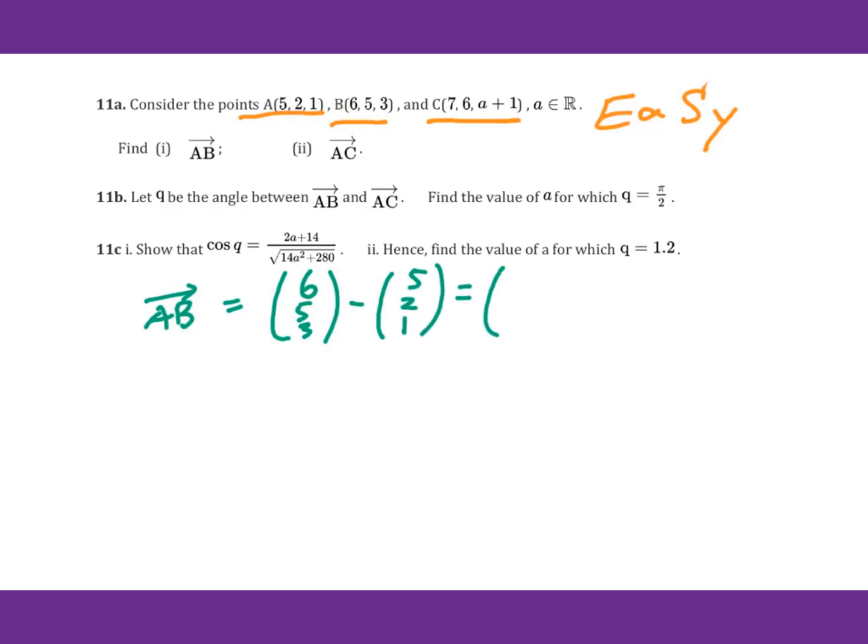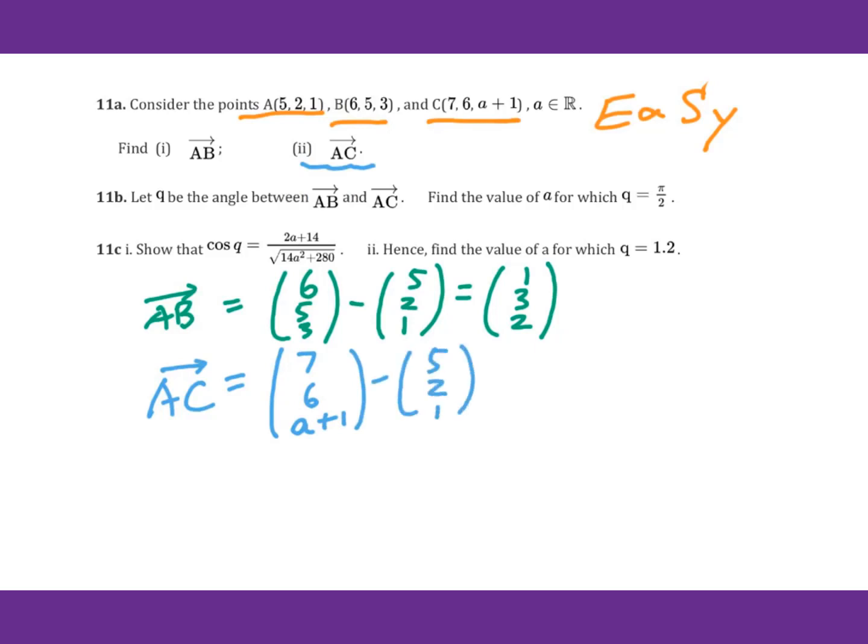So you will get 1, 3, 2. Find AC. Still, we need to do ending minus starting. So we have 7, 6, a plus 1 minus 5, 2, 1. So you have 2, 4, and a.